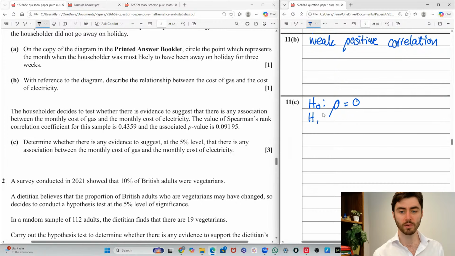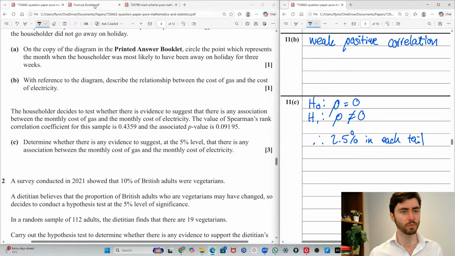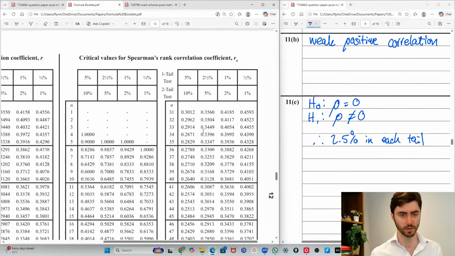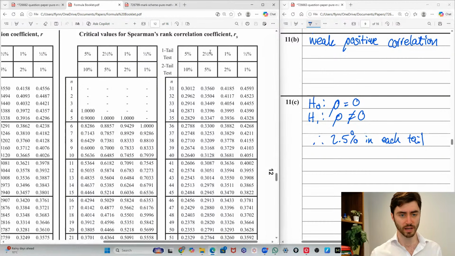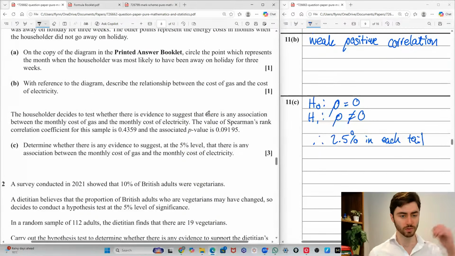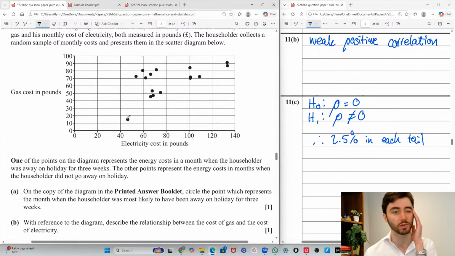The alternative hypothesis is that it is not 0, which means that it's 2.5% in each tail, which would be positive and negative. So in the booklet, we want to look up 2.5%, or in a two-tailed test, 5%, where n equals. Now, do I want to include this n or not, is the question.